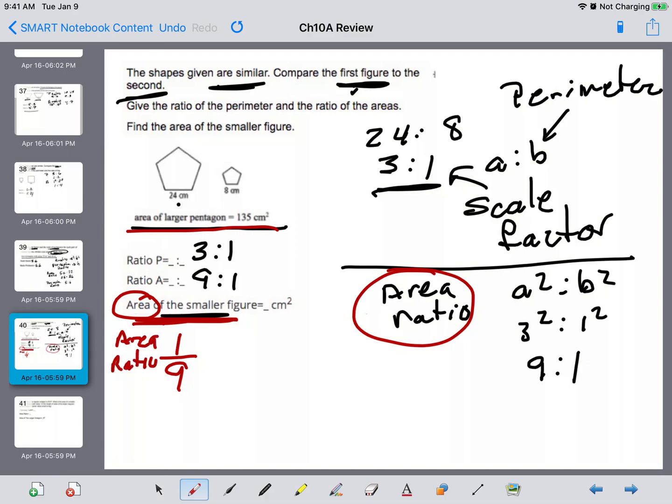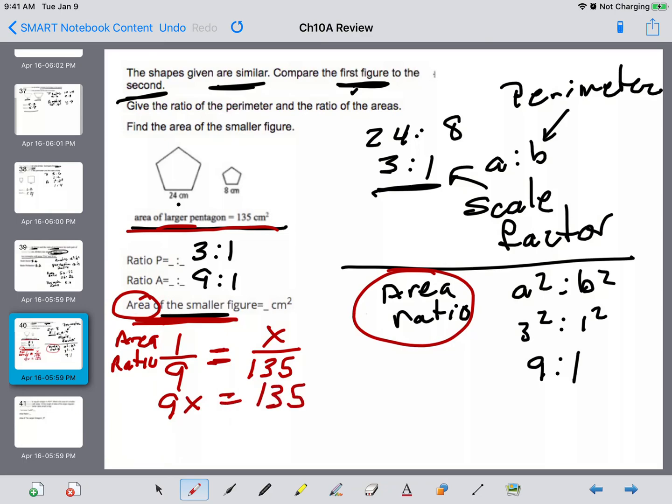So now I know when I set this up as a proportion, I have two ratios set equal to each other. I already know the larger area is 135. It should go across from the larger number. Now I want to find the smaller one. So I have 9x is equal to 135.